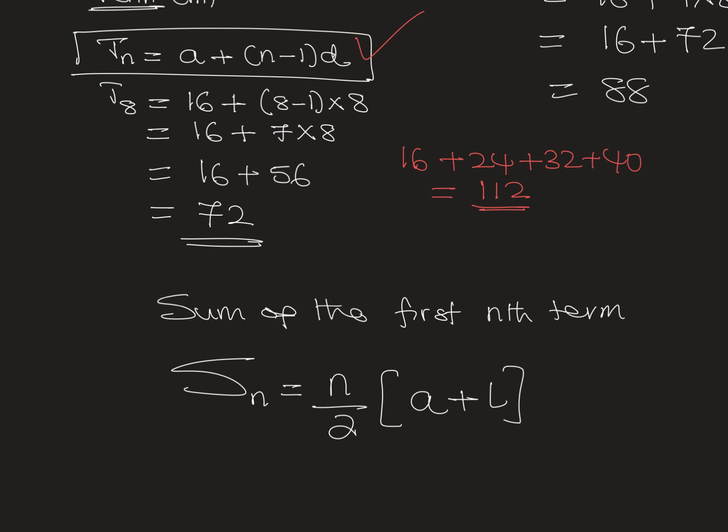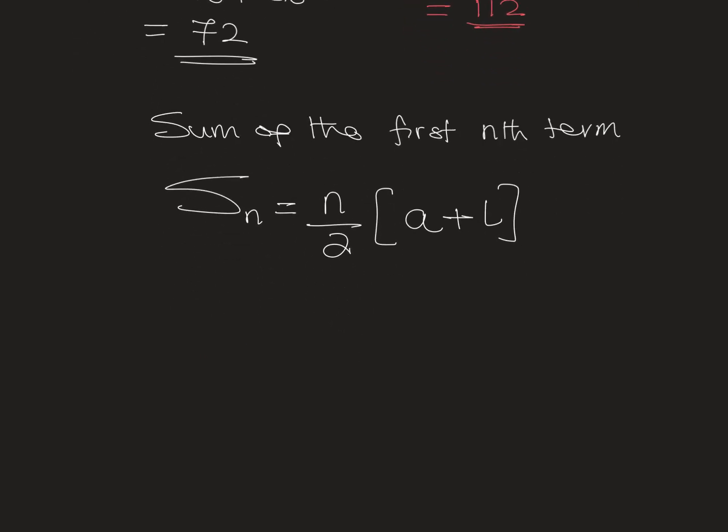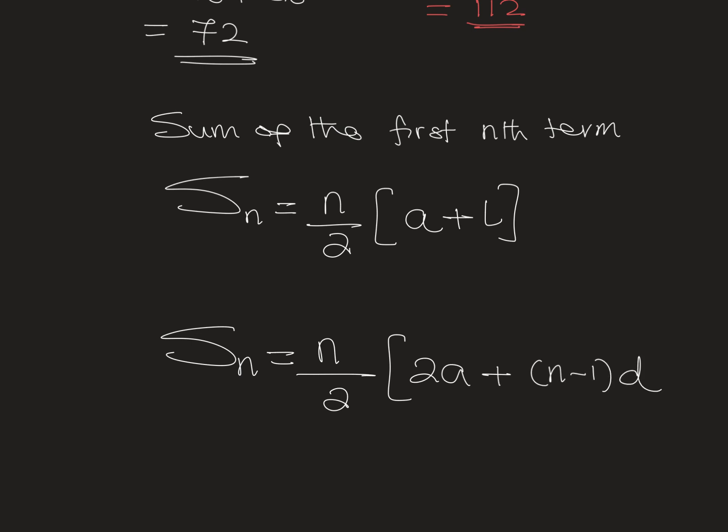So in the question, if the last term is given, you can use this formula directly. But if the last term is not given or is not known, we have to use the formula s sub n is equal to n over 2 into 2a plus n minus 1 times the difference. I know it appears intimidating, but just take your time. It will sink in.